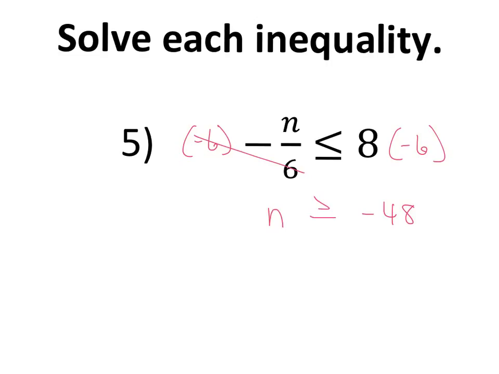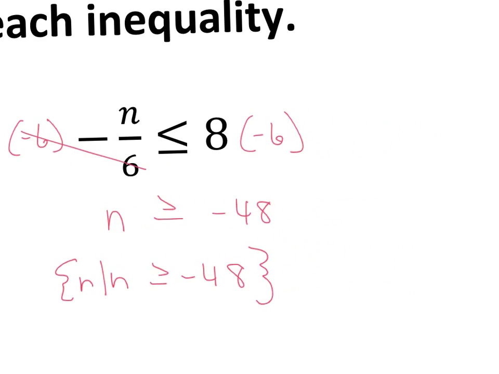So my symbol goes from less than to greater than. My final answer here will be all values of n such that n is greater than or equal to -48. It doesn't ask us to graph on this side, so we just come up with the answer. Again, anytime you multiply or divide by a negative, flip the sign.